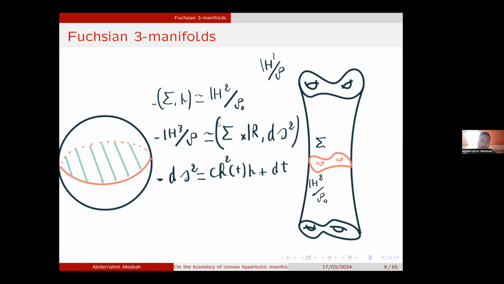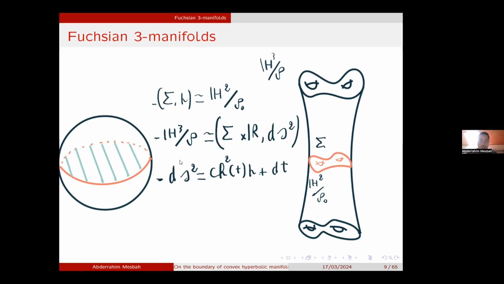When we take the quotient, we get something like this shape on the right, something which is topologically Σ times R. This totally geodesic copy of H2, its quotient will be a hyperbolic surface, which is isomorphic to H2 over ρ0, and the three-dimensional manifold, which is H3 over ρ, is topologically Σ times R and has this metric here, ds², where h is the metric of the totally geodesic surface in red.